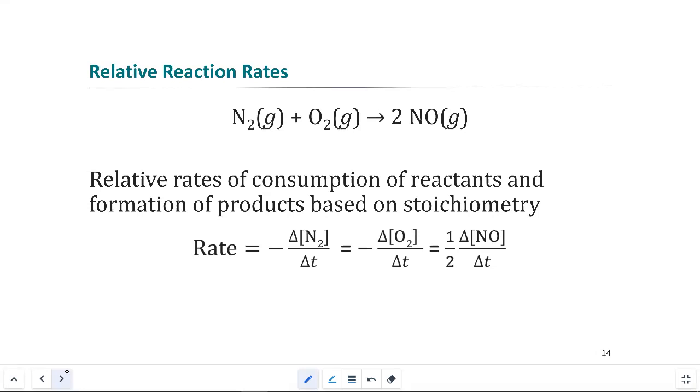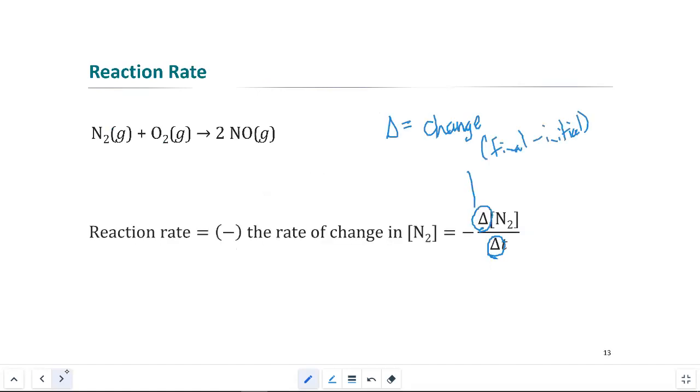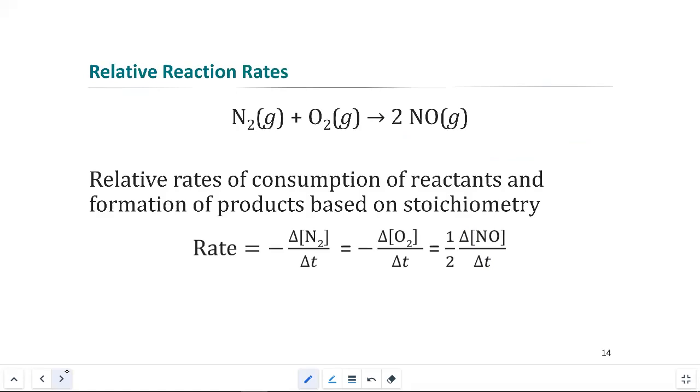So what if I wanted to look at the other factors? So we started with nitrogen: change in nitrogen over change in time. What if I wanted to look at the rate of change of oxygen? Well, then it would be simple. The rate of change of oxygen would be the same as the rate of change of nitrogen because stoichiometrically speaking, they're the same thing.